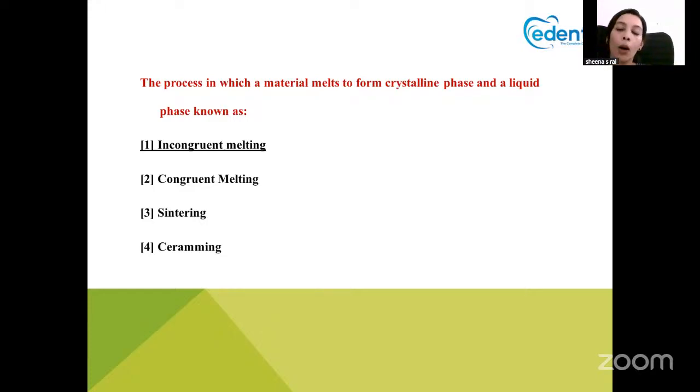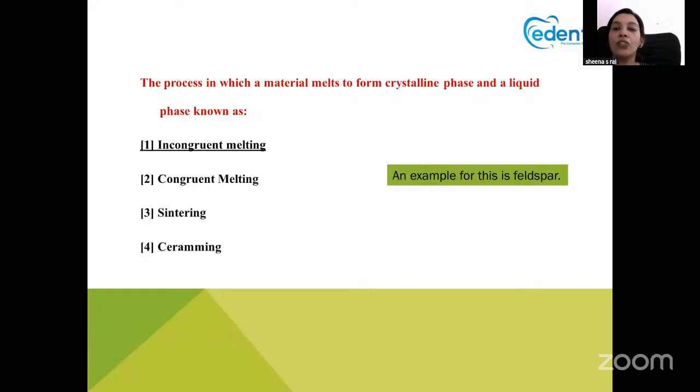This is commonly seen in feldspar. So please keep this question in mind and mark this answer for the exam. Sometimes the question will be: which among the following has an incongruent melting process? The answer is feldspar. It will have two phases, that is, a crystalline phase as well as a liquid phase, right?